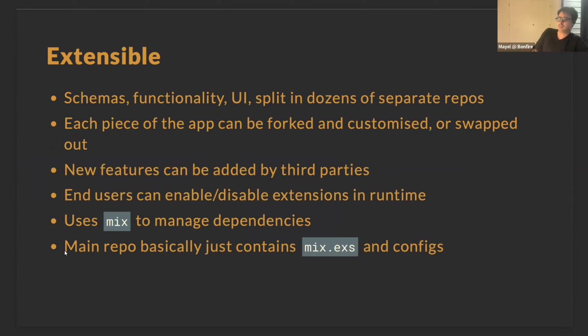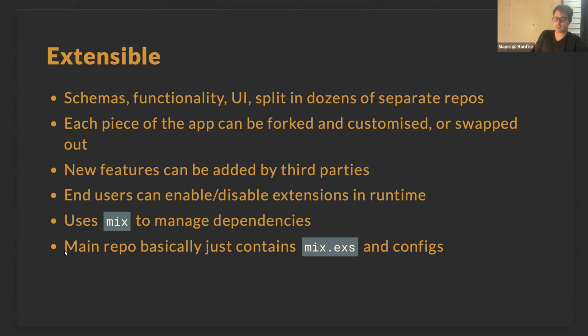The simple answer is that if most of you use mix to manage your projects, you probably use libraries, mostly from Hex, in your project, right? And those libraries can have dependencies of their own, and it creates a graph of dependencies. But in most cases, libraries are used for lower level things, right?